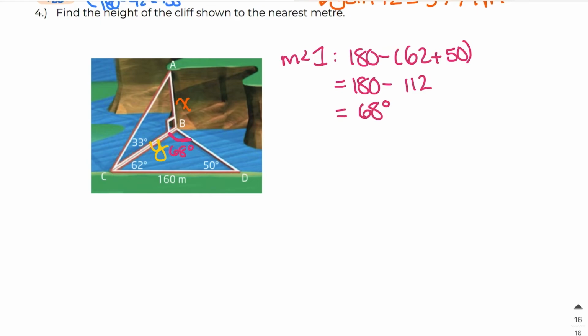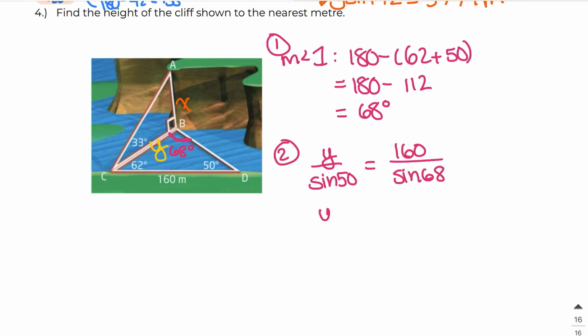So now I can use that information with this y and this 50 to solve for y. So I can say right here, I guess this is step 1, this is step 2. I could say y over the sine of 50 is equal to 160 over the sine of 68.